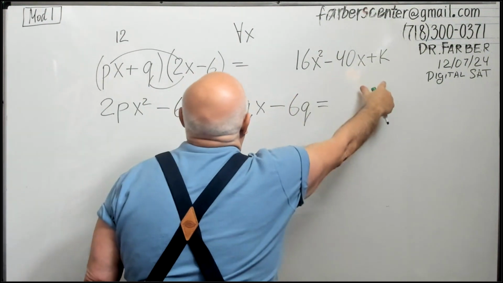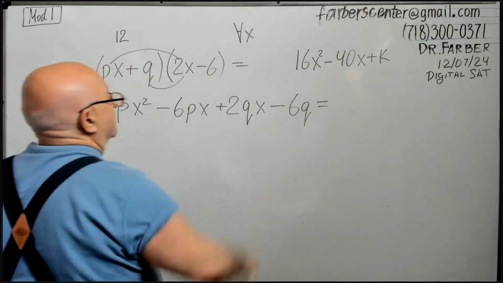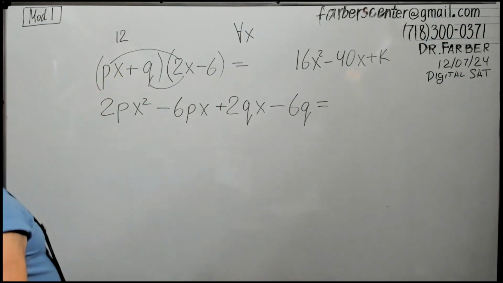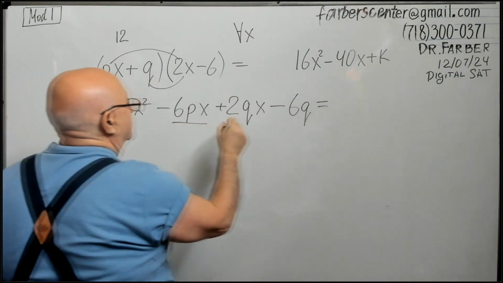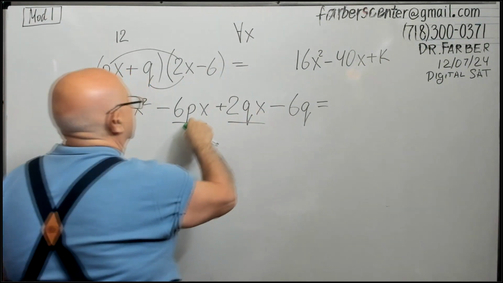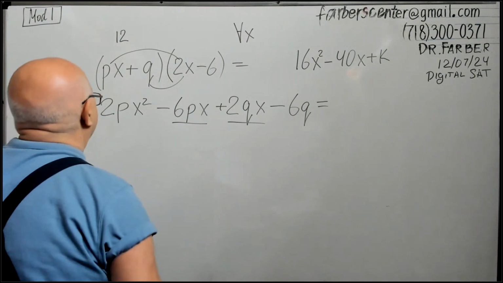We have a trinomial on one side and four terms here, a tetranomial.